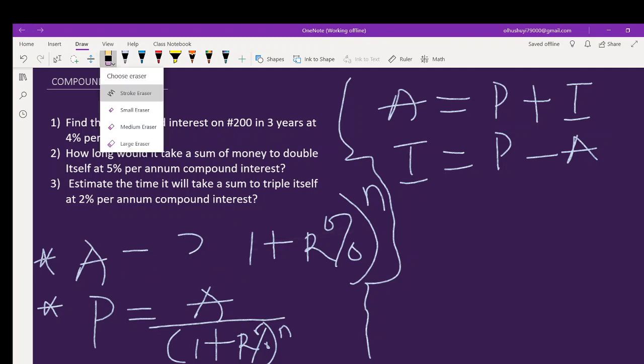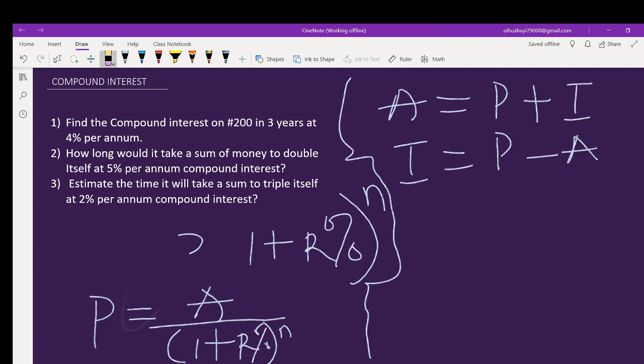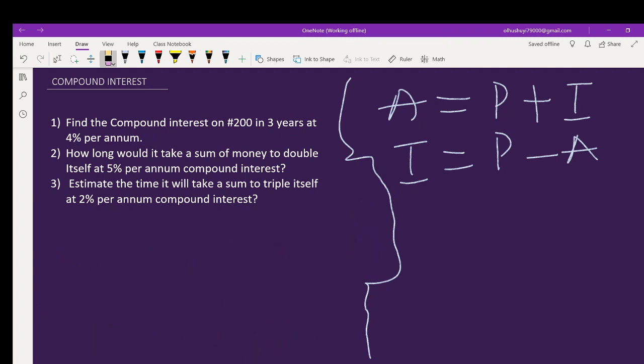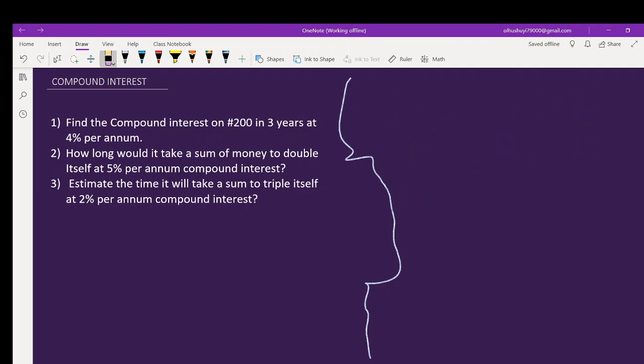So what do we have? The compound interest on this. Let's solve the first one. The compound interest is unknown.